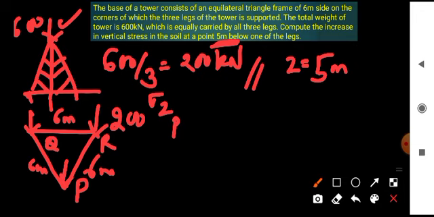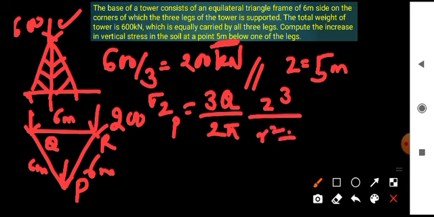Sigma Z at P is given by the equation, you remember that equation I think: 3Q divided by 2 pi into Z cube divided by (r square plus z square) to the power of 5 by 2. Since all three legs carry an equal point load, Q is 200 kilonewton, and that will remain the same.